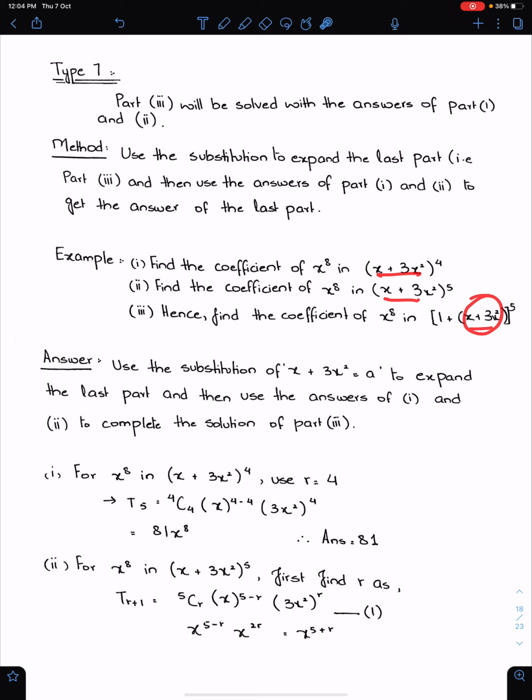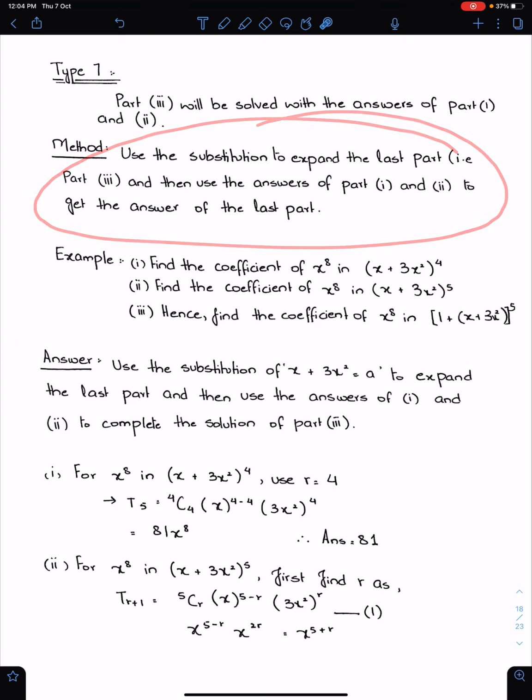So use the substitution, like you can use a here to expand this expansion first and then use the answers of the first two parts to find the answer of this part. Use the substitution to expand the last part. You can expand this in this way, (1 + a)^5, and then use the answer of this part and this part to get the answer of this part. This is mentioned here.